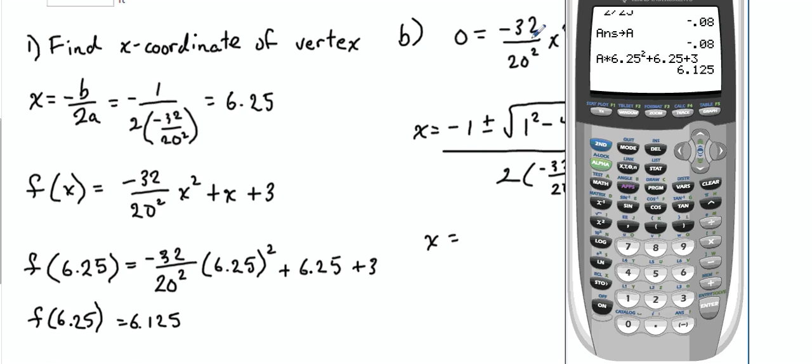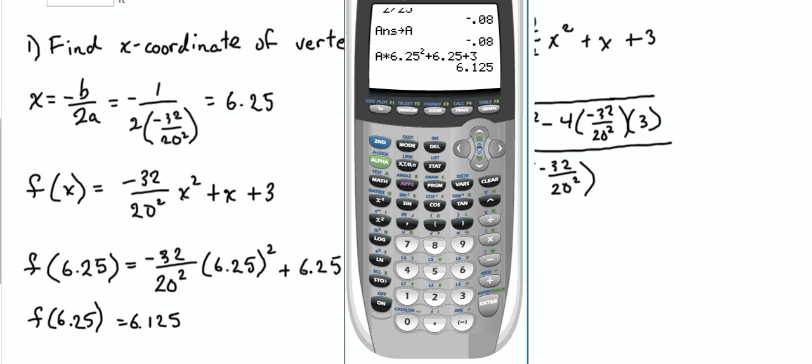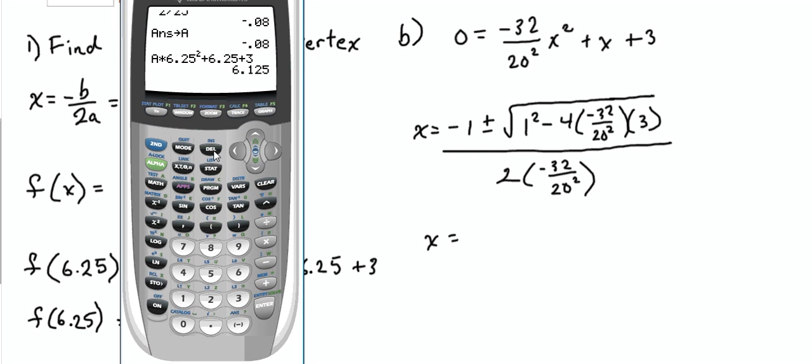And this is where that little store function that I did before is going to come in handy. So this is a fraction. So let's go once again, alpha y equals, and we get a fraction. On top, I want to type in negative 1. First, I'll do plus, and square root, so second and x squared, 1 squared minus 4.